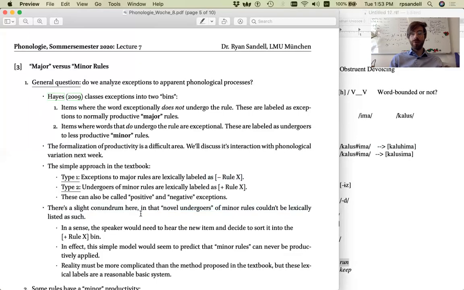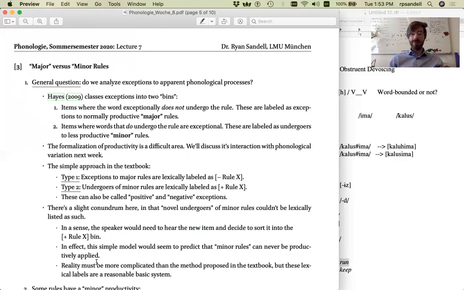Because in order for a word that doesn't already exist to be able to undergo a non-productive rule, the lexical item needs to be labeled as plus rule X. So a speaker would have to hear the new lexical item, encounter the new lexical item, and decide to put it in the plus rule X bin.